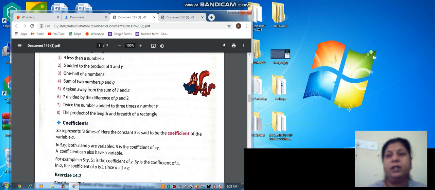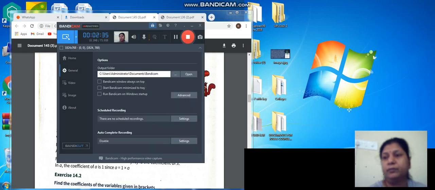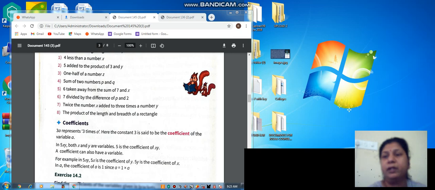Okay, so our next topic is coefficient. When we represent this 3a, that is one number and the variable, the number of the letters or symbols, we can say, in front of the variable is called the coefficient. Suppose this is 5xy.